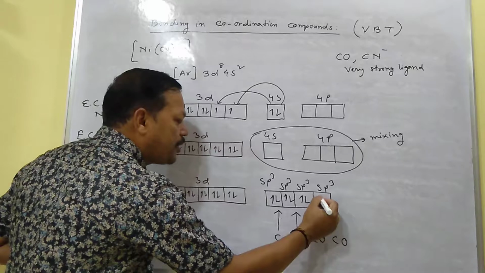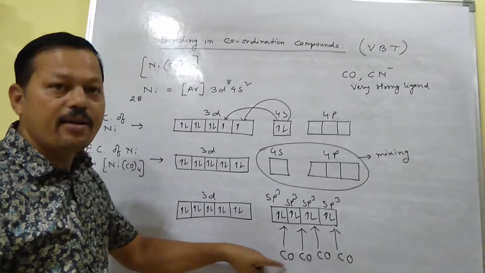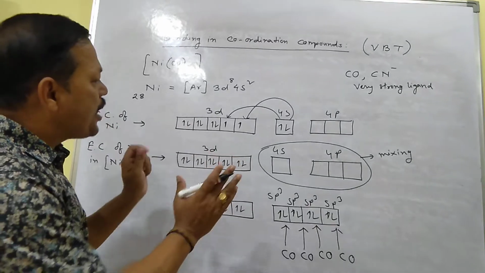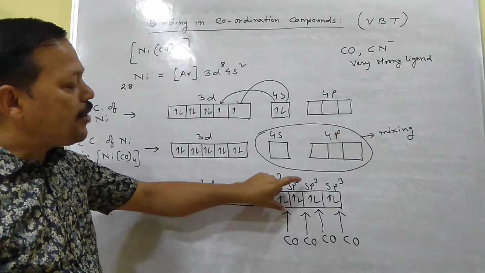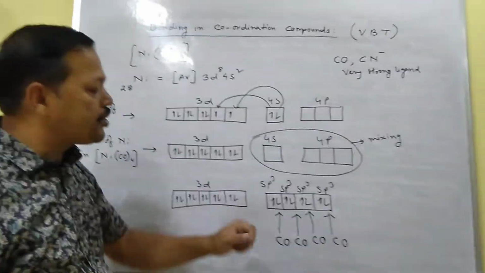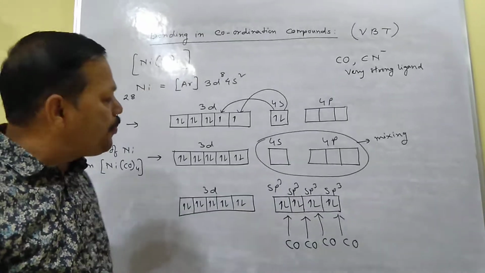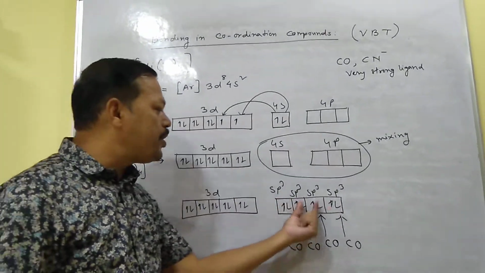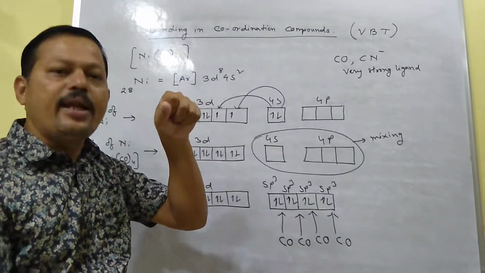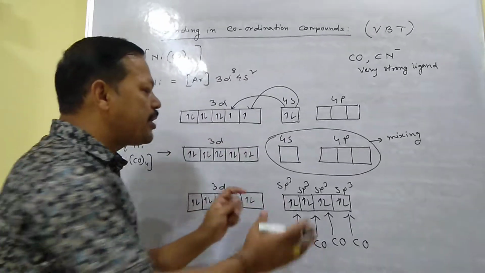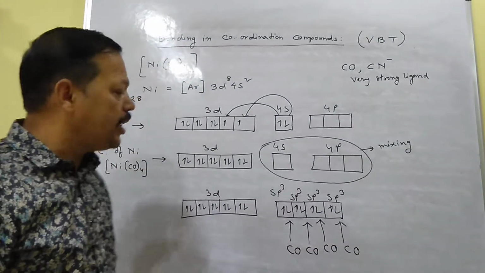This way the bond forms between the metal and the ligand. First the metal forms vacant hybrid orbitals, and then the ligand donates the electron pair to them. How many hybrid orbitals it produces depends on the number of ligands: based on how many electron pairs will come, it forms vacant orbitals, and the ligand donates the electron pair into them.